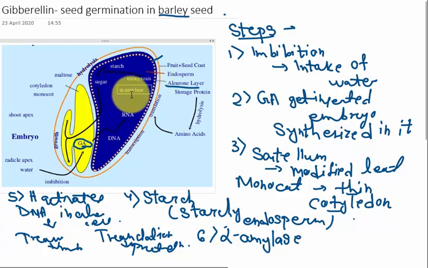And in the endosperm area, the starch and other macromolecules are broken down into smaller molecules, that is, the starch is broken down into sugar.